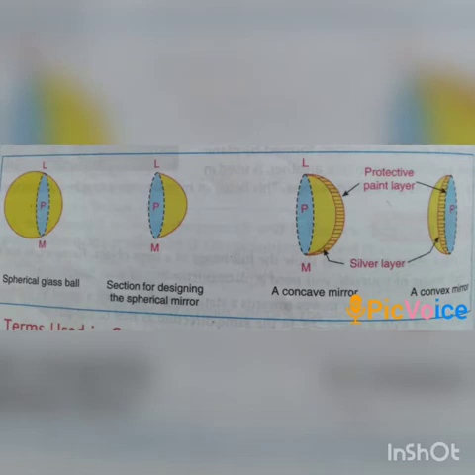If the mirror is a part of a spherical ball, and we polish the outer surface of the section and the inner surface is the reflecting surface, then it is a concave mirror. And when we polish the inner side of the part and the outer side is the reflecting part, then it is a convex mirror. Now we will discuss the terms used in connection with spherical mirrors.